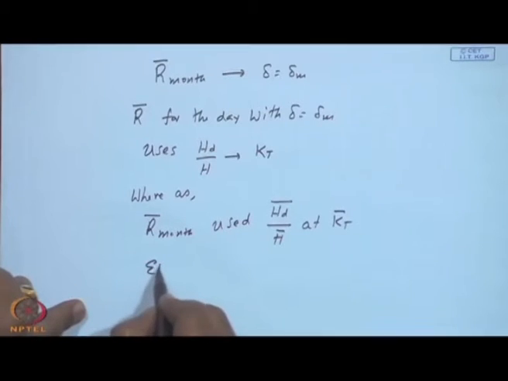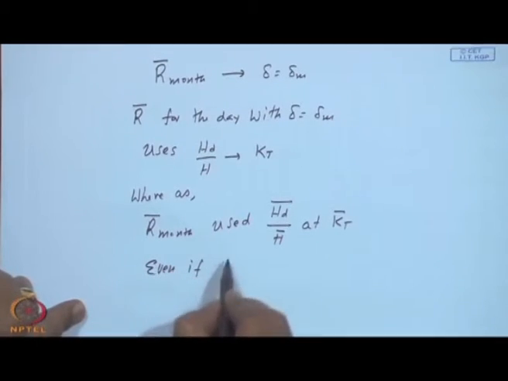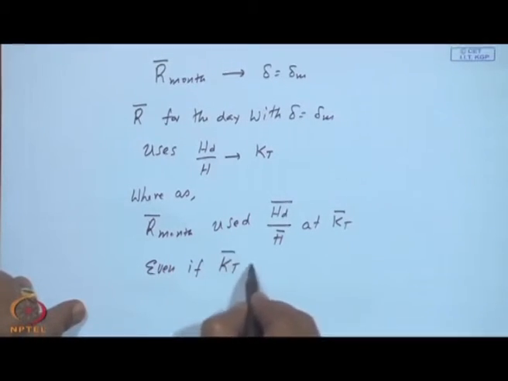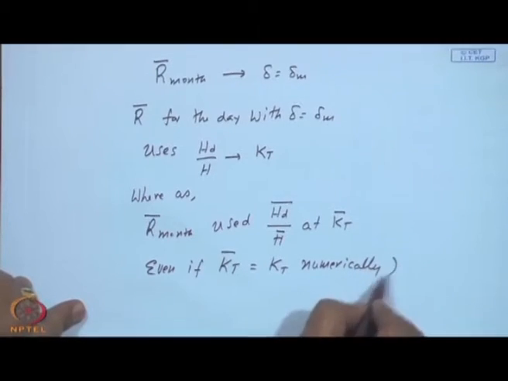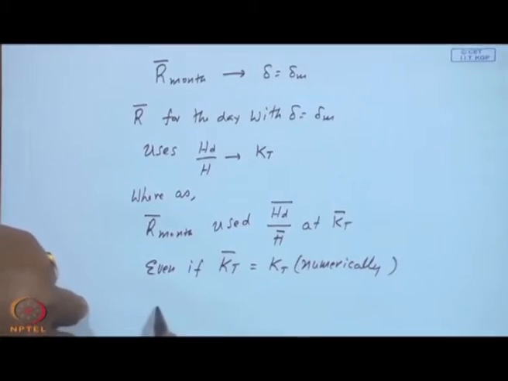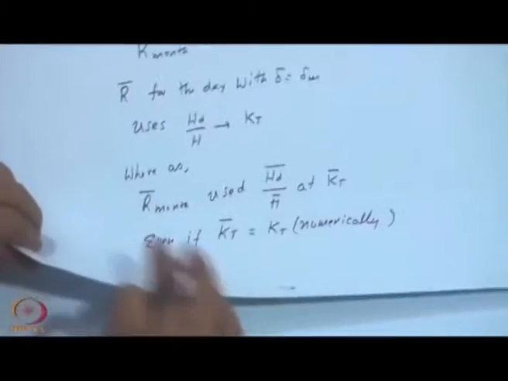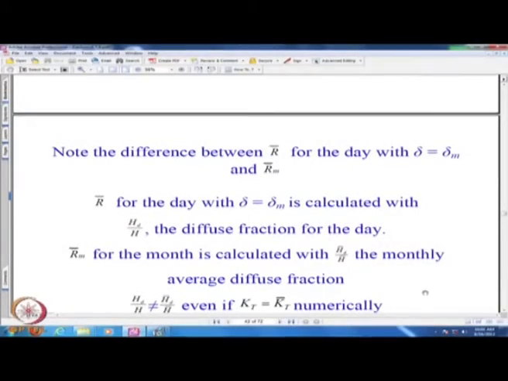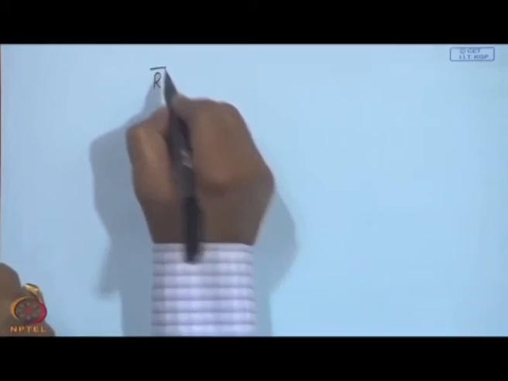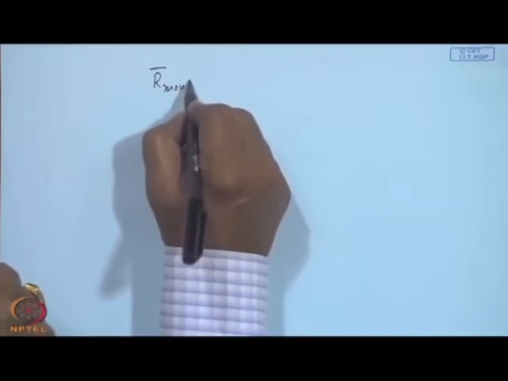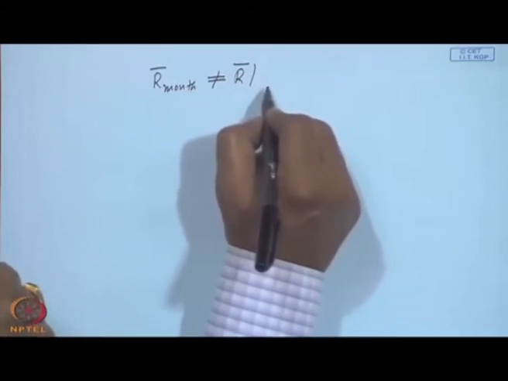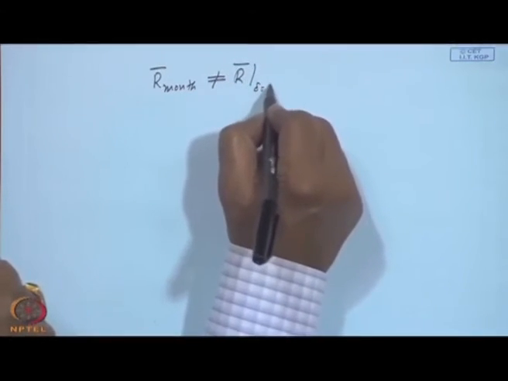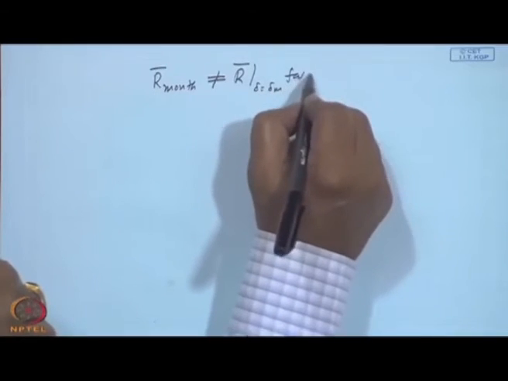So, even if you have numerically, let us say, this R bar month is not equal to R bar at delta equal to delta m for a single day.